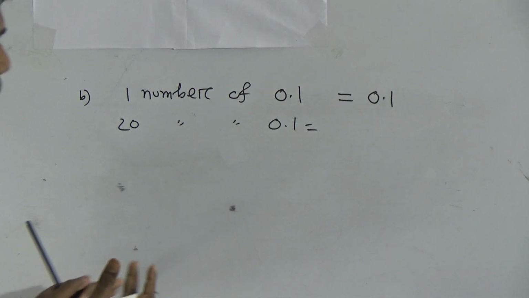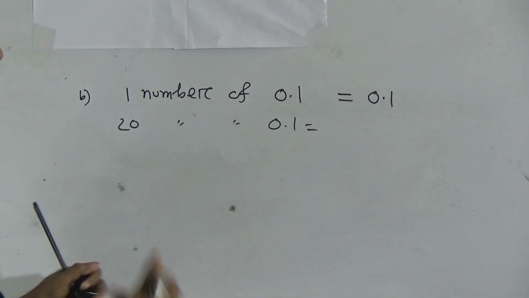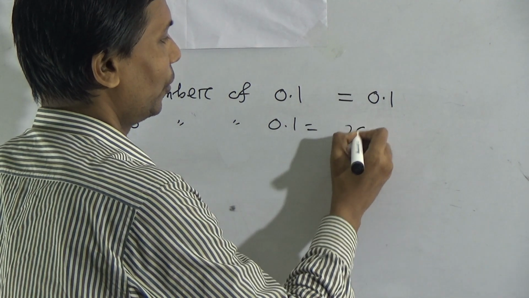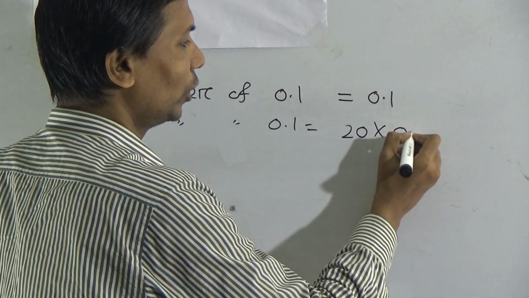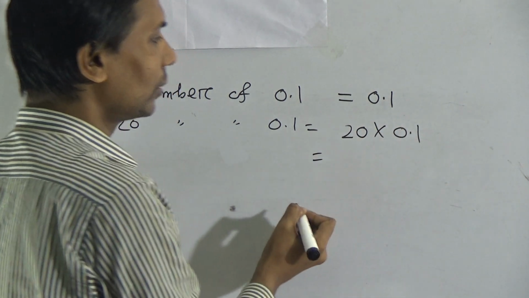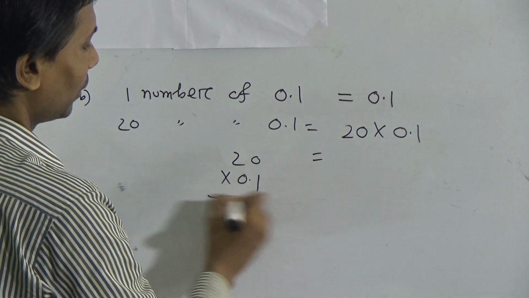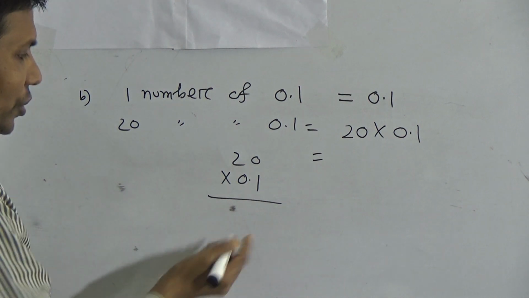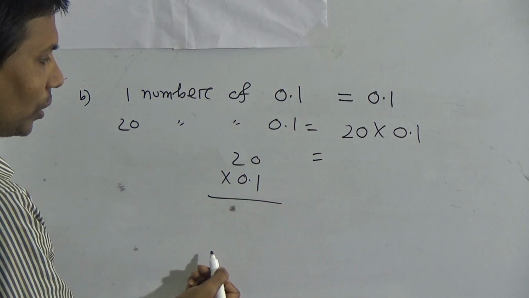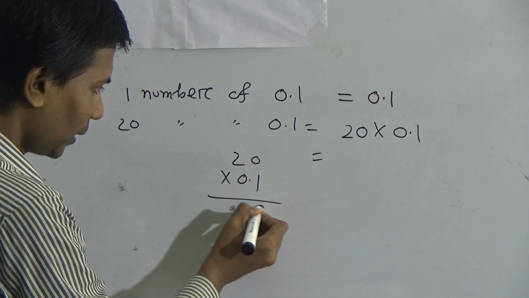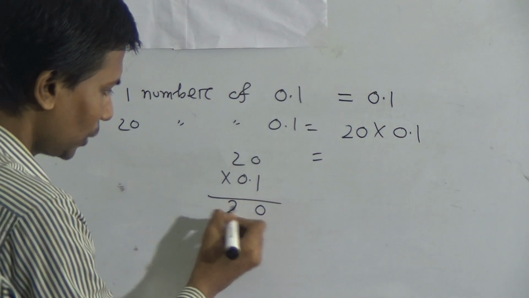It means more, that means multiplication: 20 into 0.1. Multiply now. I told you, you don't consider the point. So 0 ones are 0, 2 ones are 2.